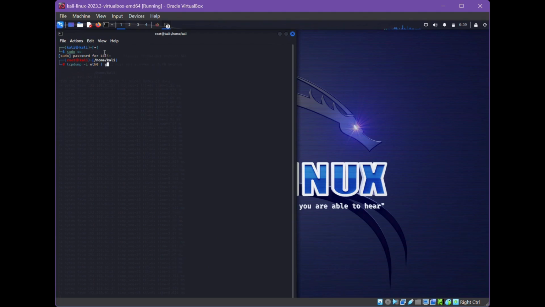We can do this, or we can also go without mentioning the IP, which will basically capture all the flags directly. It is not just for the specific IP address, but here I am mentioning the specific IP address because I want to see for the specific one.